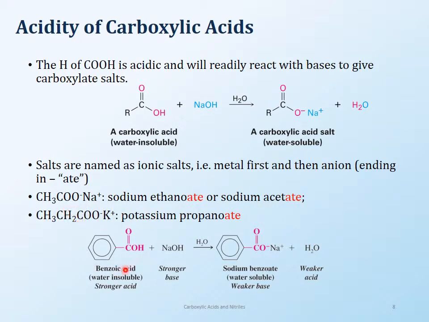So benzoic acid will end in benzoate, and then of course you have the sodium in this reaction, so sodium benzoate. Whether it is propanoic acid, it would be propanoate, methanoate, ethanoate, and so on, so you end everything in "ate", and the metal is named first, just like ionic salts.